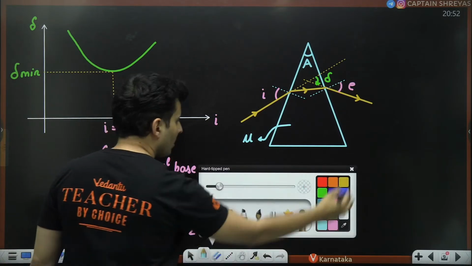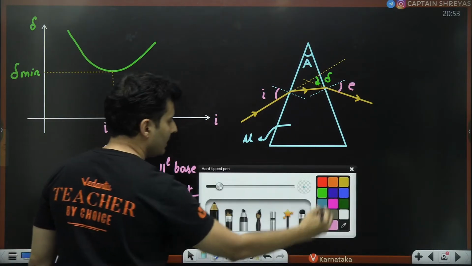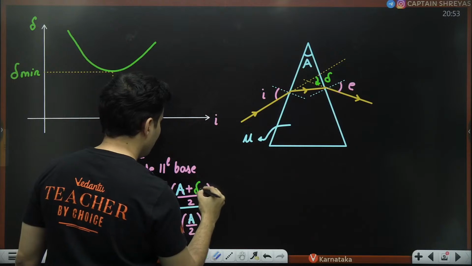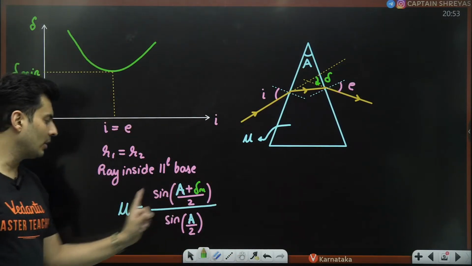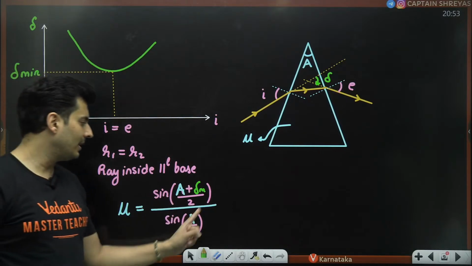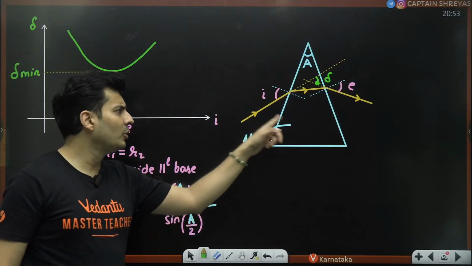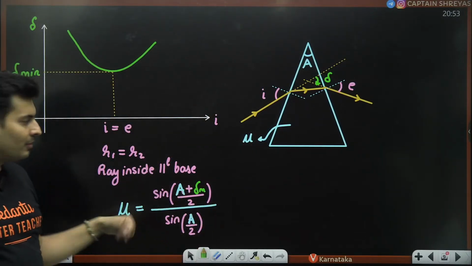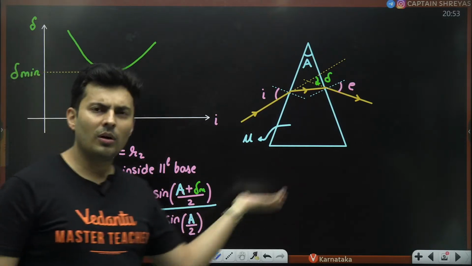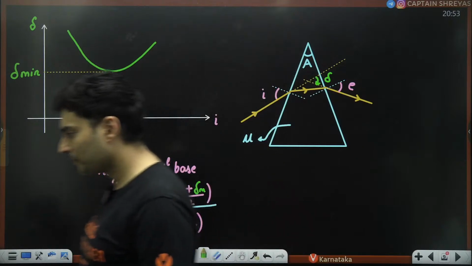This is your angle of prism, and here you have that minimum deviation, delta minimum. This is the formula relating refractive index, angle of prism, and the minimum deviation. Usually you will know mu, A will be also given. From this you can find delta minimum, or you can also do opposite as well. This is how you solve the problem.